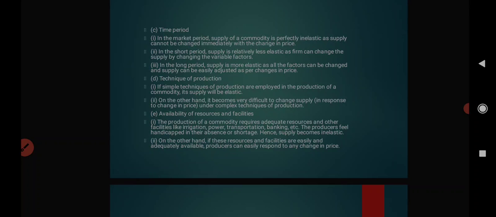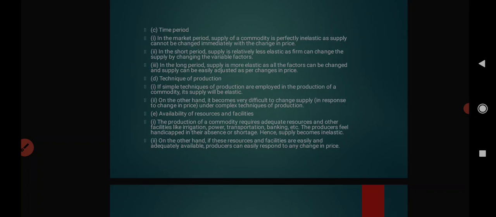Time period. In the market period, supply of a commodity is perfectly inelastic, as supply cannot be changed immediately with the change in price. In short period, supply is relatively less elastic, as a firm can change the supply by changing only the variable factor.